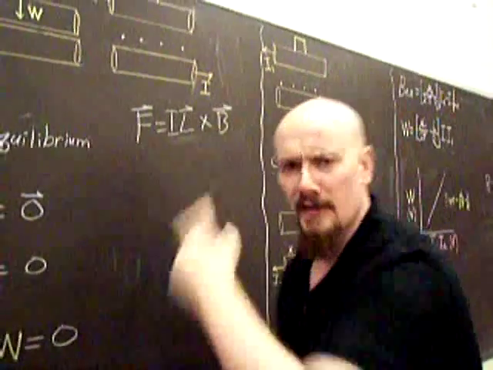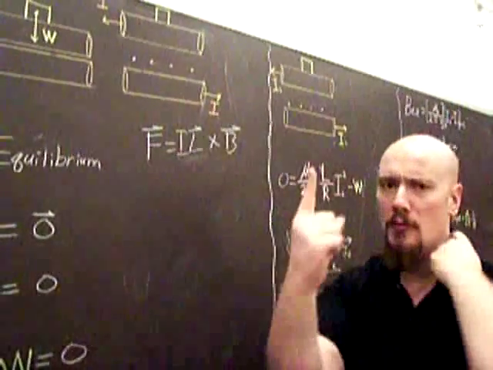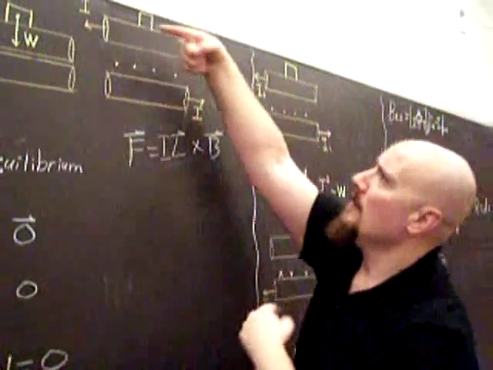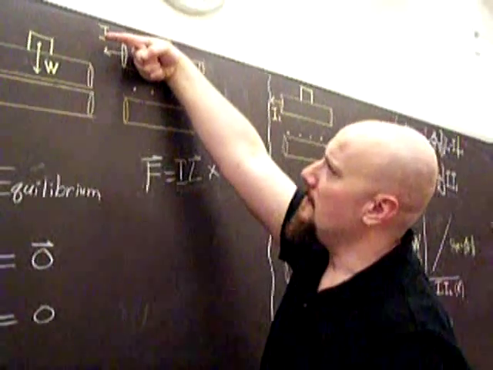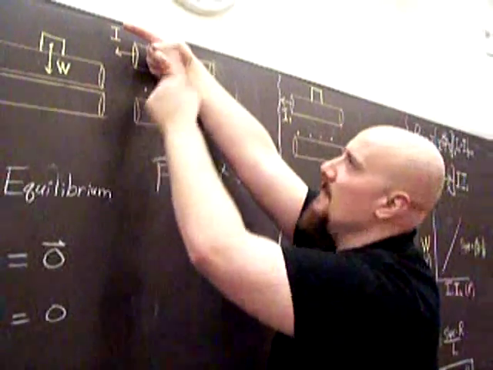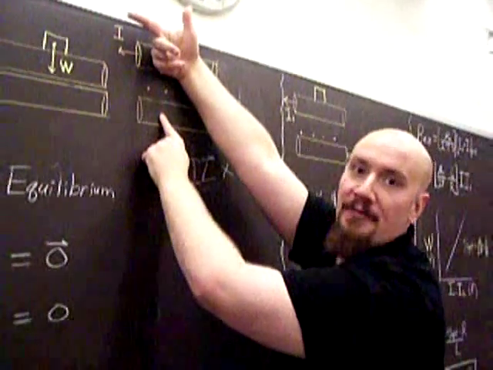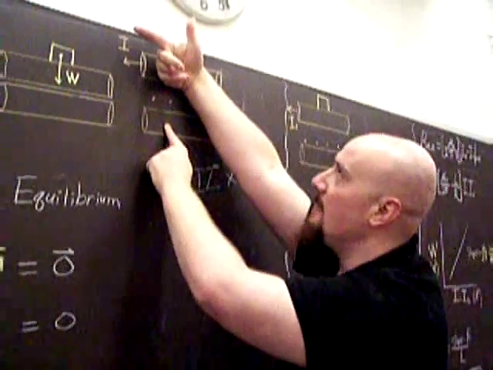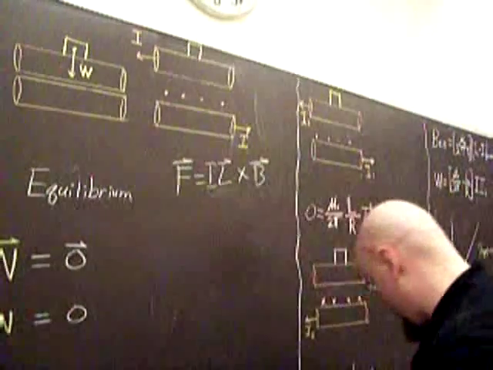We need it to be up. Let's make sure it's going up. So, index finger in the direction of this current, magnetic field coming out of the board, that's my middle finger. My thumb is pointing straight up. That's the magnetic force. Excellent.